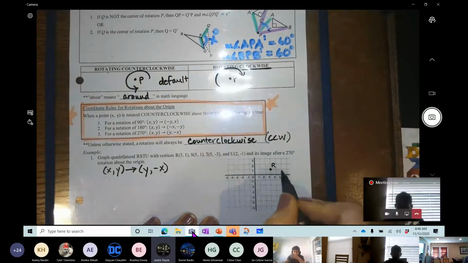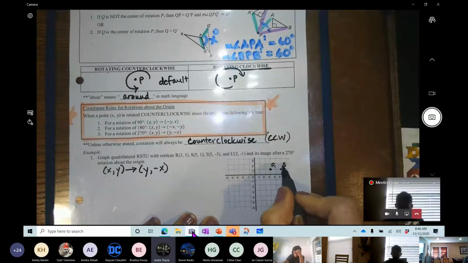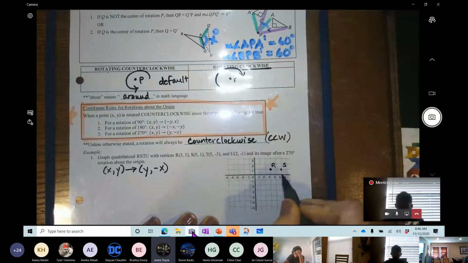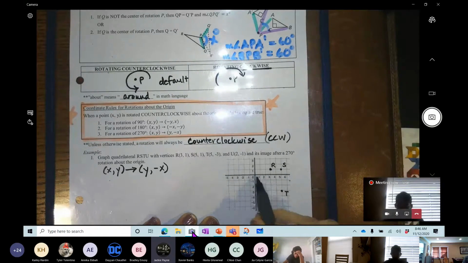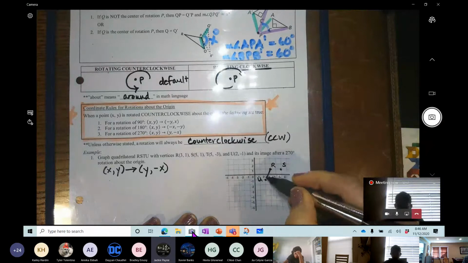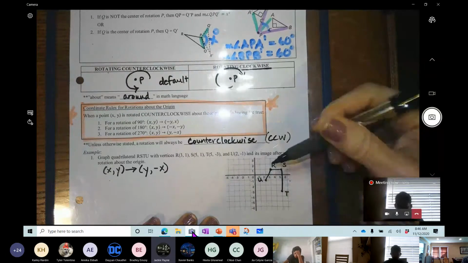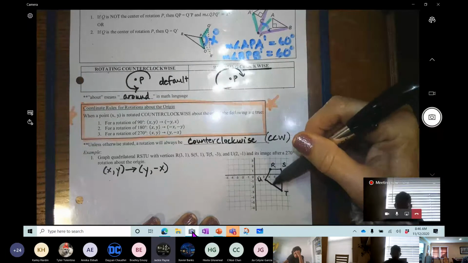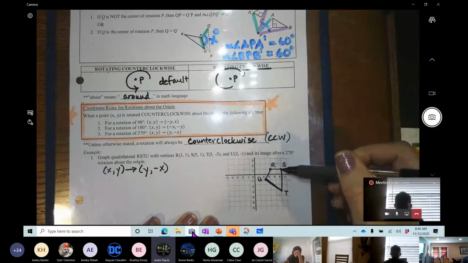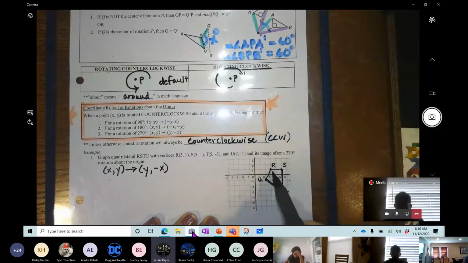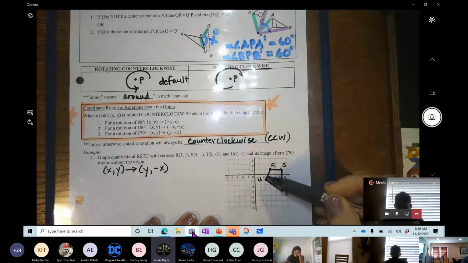S is (5, 1). T is (5, 3). And U is (2, 1). I'm going to carefully draw them. Use a straight edge if you're not very steady. Okay, so I have RSTU.